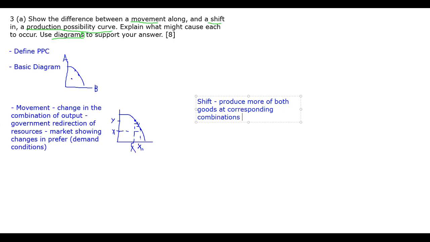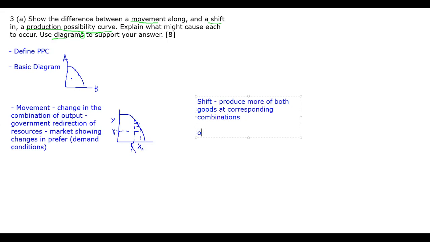What I'm trying to say is that if you shift your curve, assuming I'm talking about a shift outwards, then at the corresponding point on the new PPC, you can produce more of good x and y at that corresponding point. And I'll show this through a diagram.